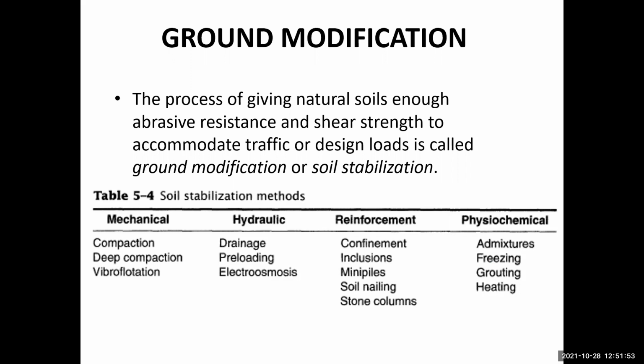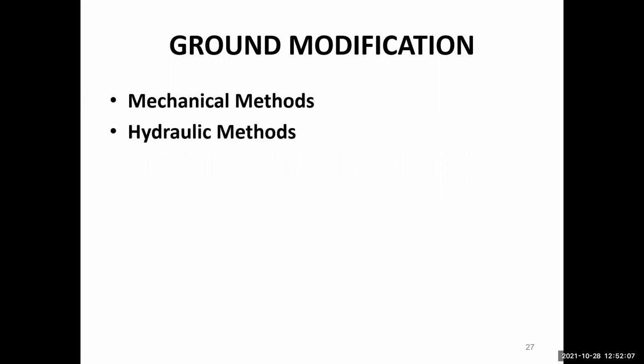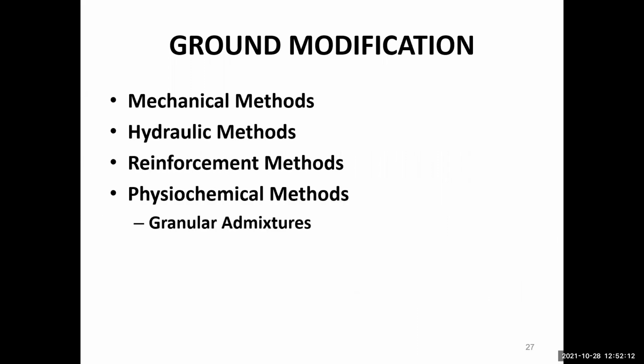A detailed coverage of these different methods is not in the scope of this topic, so we will just have a very brief description: mechanical methods, hydraulic methods, reinforcement methods, physiochemical methods, granular admixtures, Portland cement, and the use of lime, asphalt.